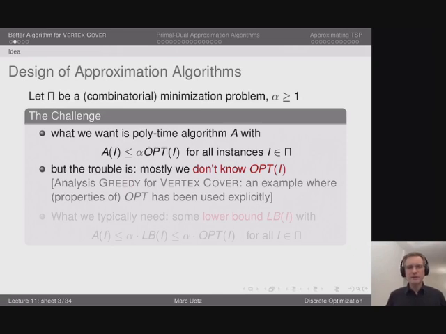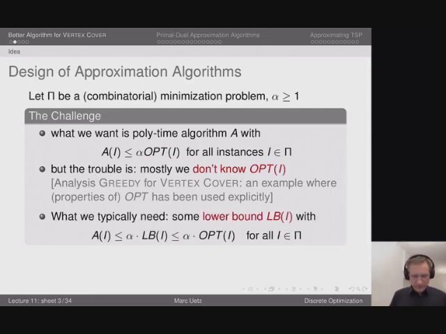That was a bit complicated, and in general, it is difficult to relate to optimum solution values, which we don't know. So what is usually much, much simpler is to work with lower bounds instead. We are talking about the minimization problem. So what we typically need in order to get a good approximation algorithm is a good lower bound, LB of I, on the optimum solution value.